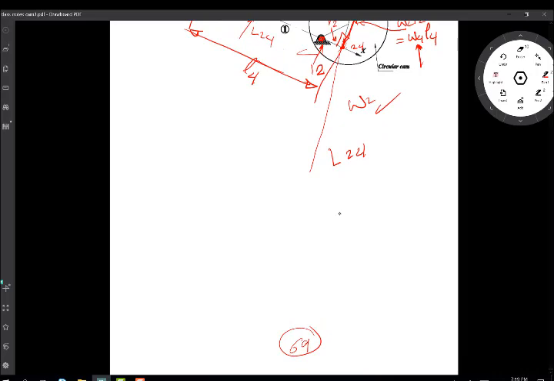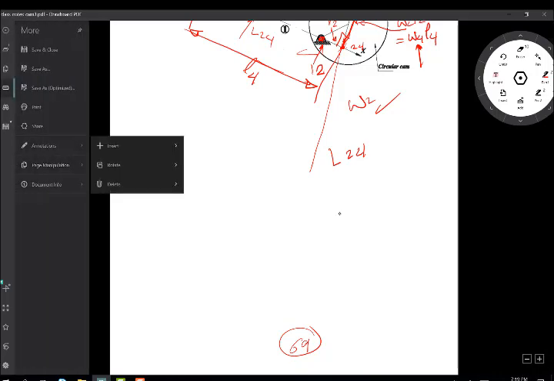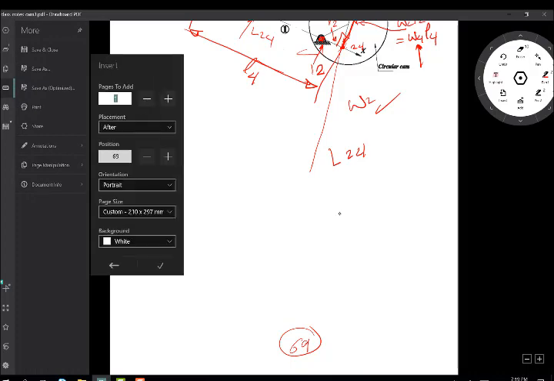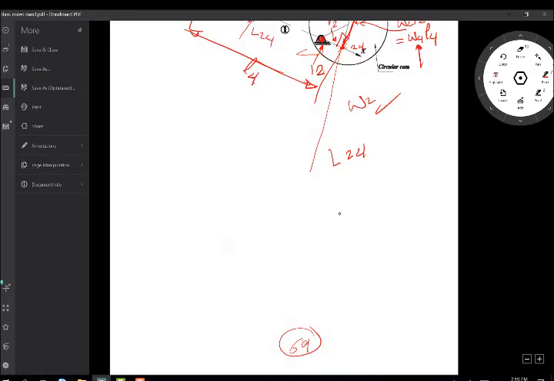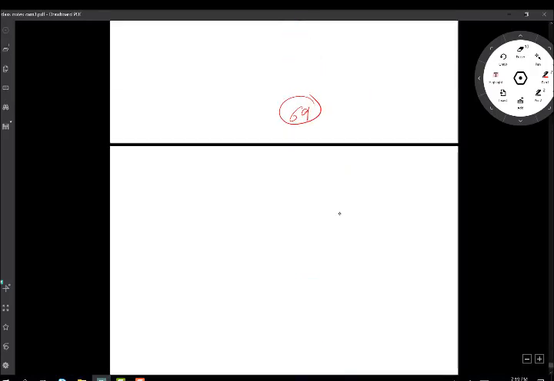Okay, so it's as simple as that. That's what you do. Maybe we'll do one last example to finish this set of topics together. Just insert one extra page, page 70 or something, and then insert over here an example.